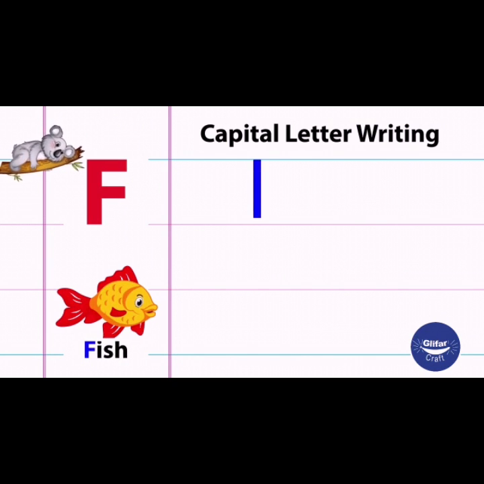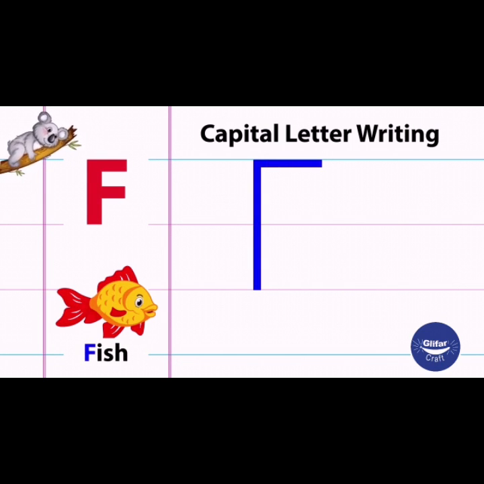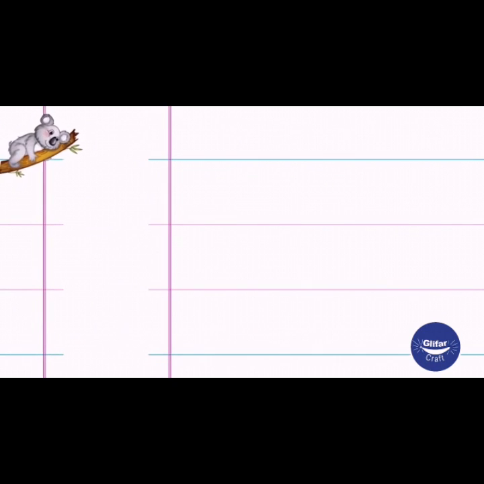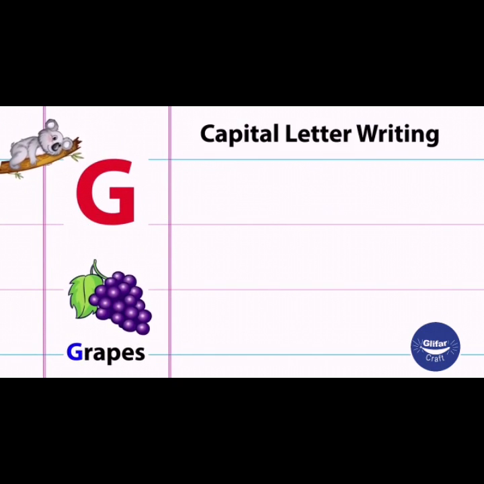F for fish. For letter F, we will use a standing line, then a sleeping line, then one more sleeping line. F. G sound G, grapes.